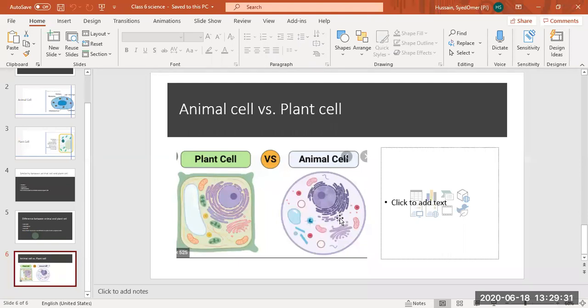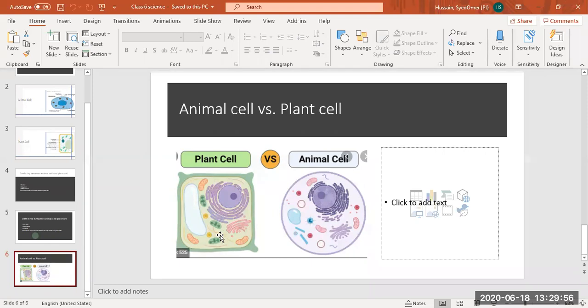Now, can you see this structure in an animal cell? No, we cannot see this structure in an animal cell. It means that the vacuole is only present in a plant cell. And also chloroplasts, these green structures, as you can see. Can you see these green structures in an animal cell? No. It means that chloroplasts are only present in a plant cell.